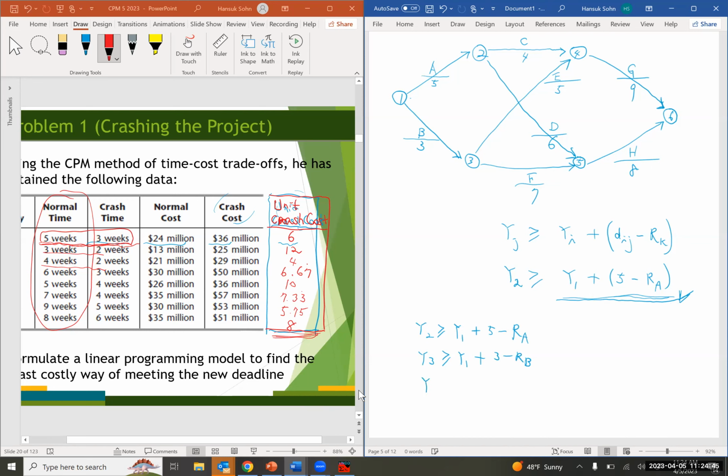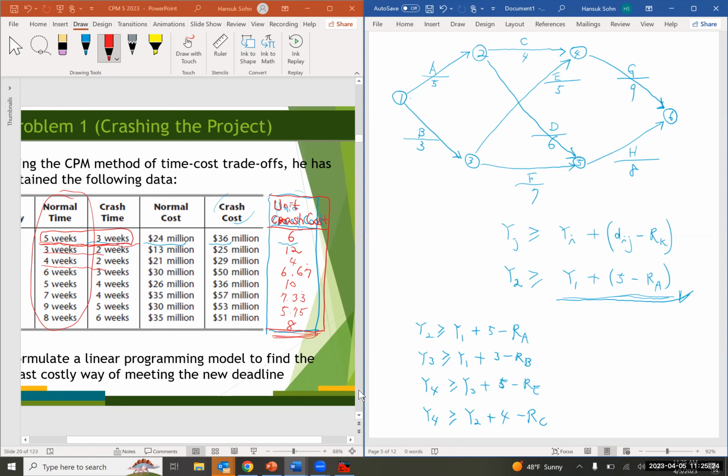And then y sub 4 greater than or equal to y sub 3 plus 5 minus r sub e, and y sub 4 greater than or equal to y sub 2 plus 4 minus r sub c, right?